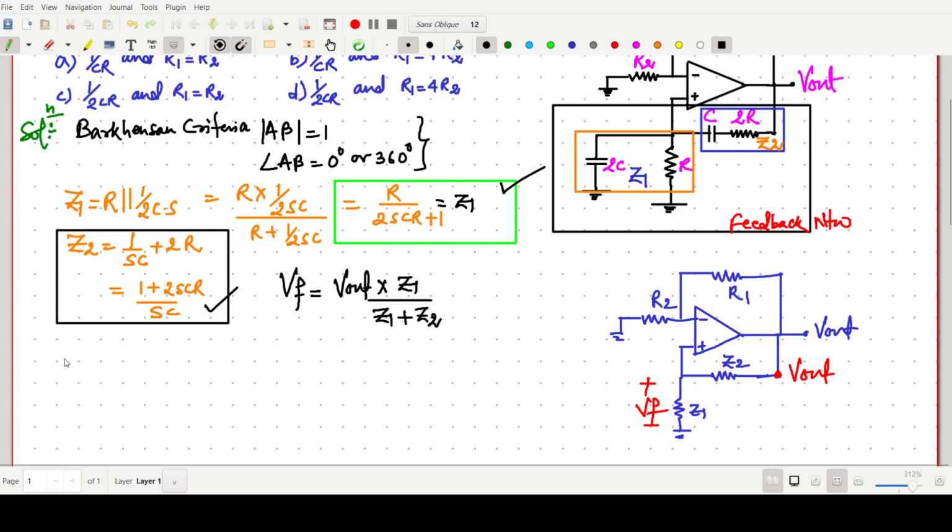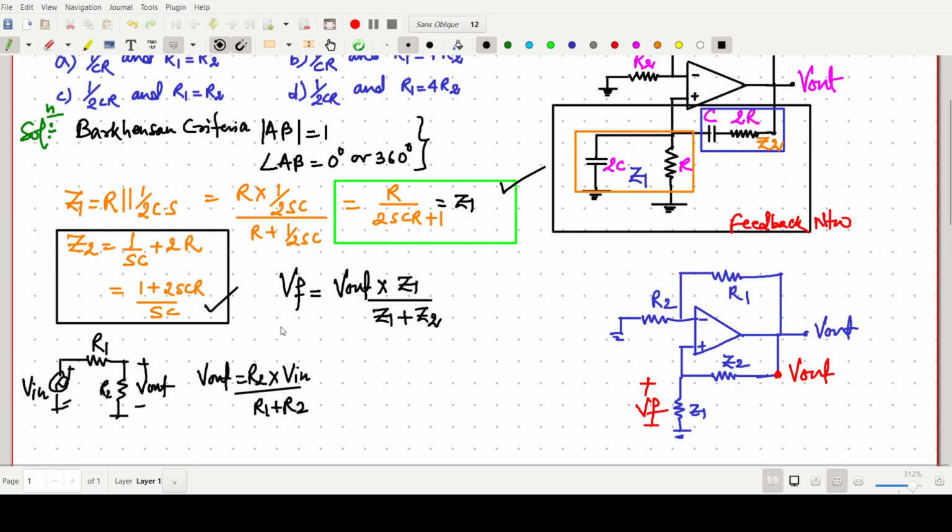For example, suppose this is Vout and these are R1 and R2 resistances, and we give some voltage Vin. Then the output value will be R2 times Vin by R1 plus R2.